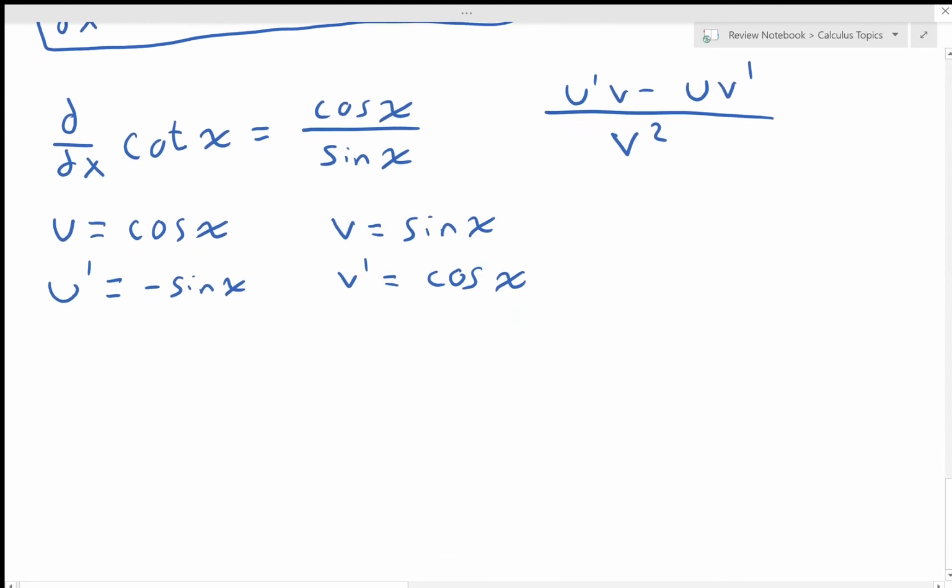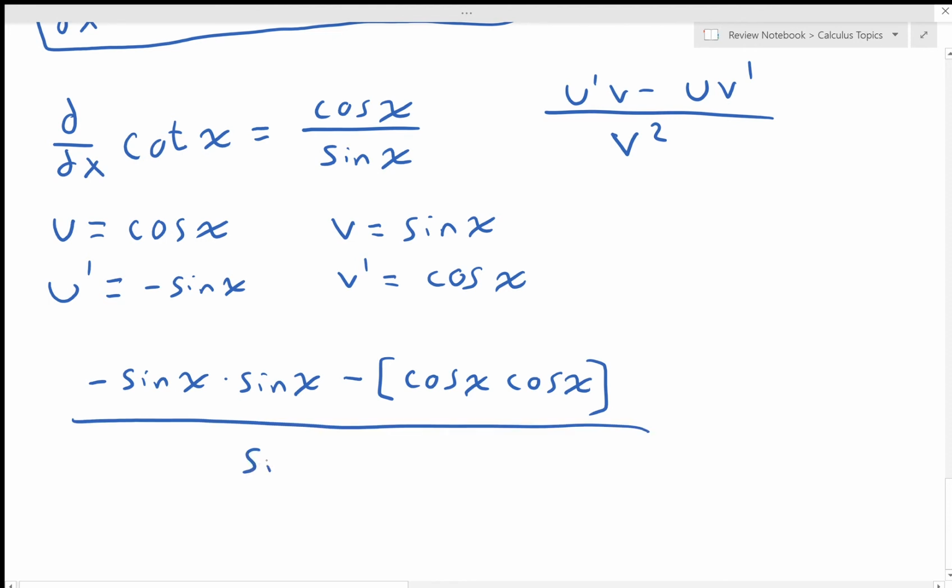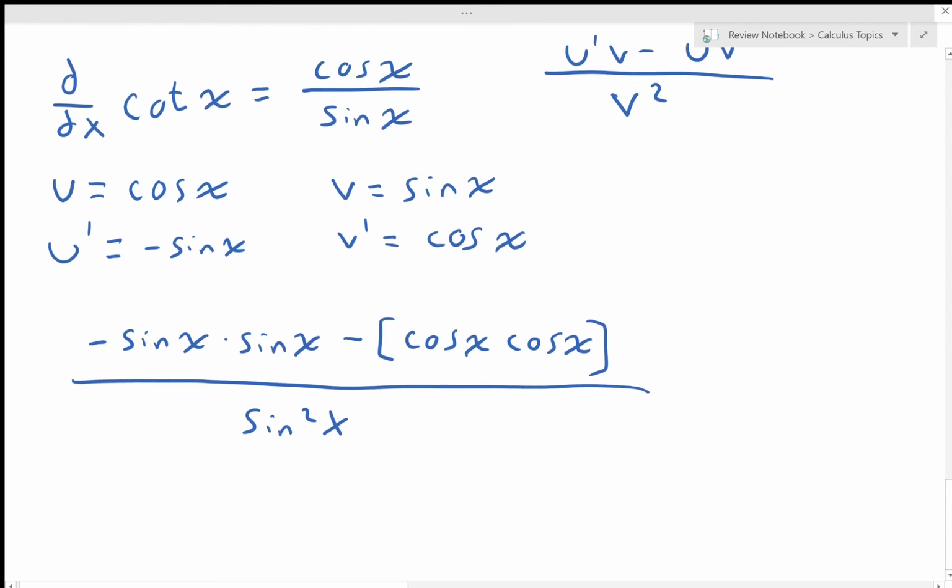Alright, just fitting it into our equation again. Get negative sine x times sine x minus cosine x times cosine x over sine squared x. I see these two negatives here, I'll factor it out, and I can get a sine squared x plus cosine squared x over sine squared x.